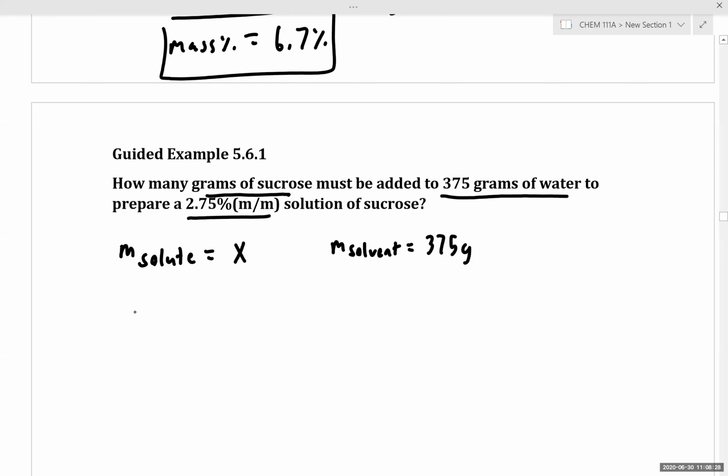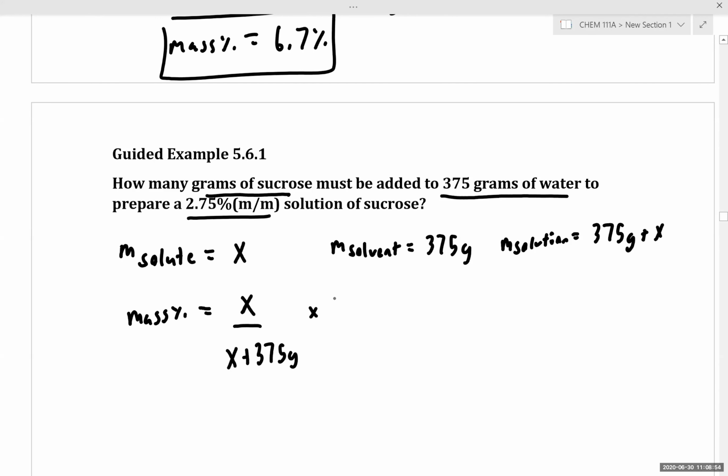Okay, and we know that our mass percent is equal to X, which is the grams of sucrose over the grams of your solution, where in this case, the mass of our solution is 375 grams plus X, times 100%.